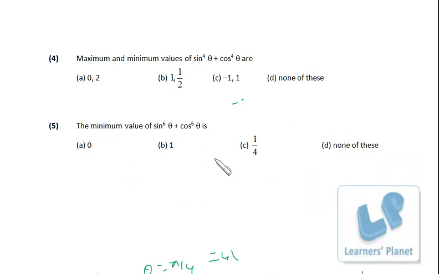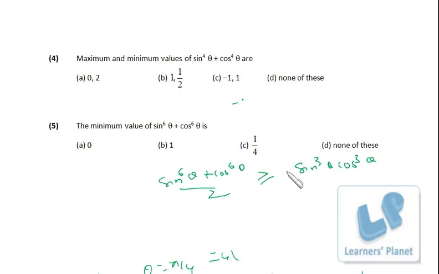In the similar lines, we can say the minimum value of sin^6 theta plus cos^6 theta is. So once again, arithmetic mean (sin^6 theta plus cos^6 theta) by 2 is greater than or equal to their geometric mean. That is, if it comes out of the square root, it will be sin^3 theta cos^3 theta.